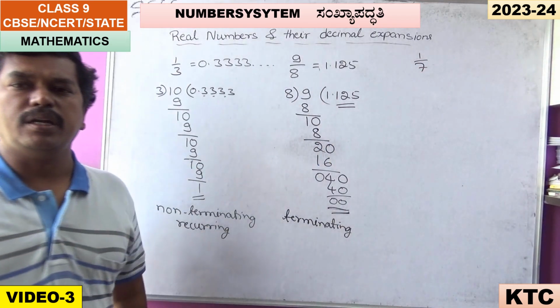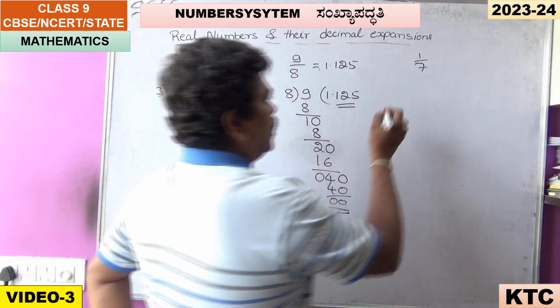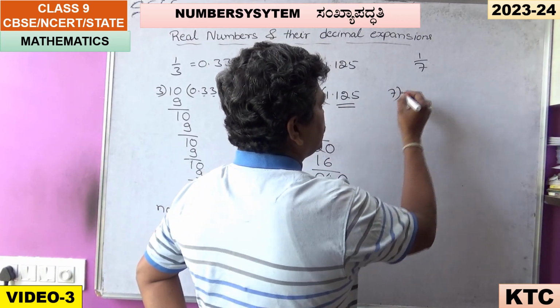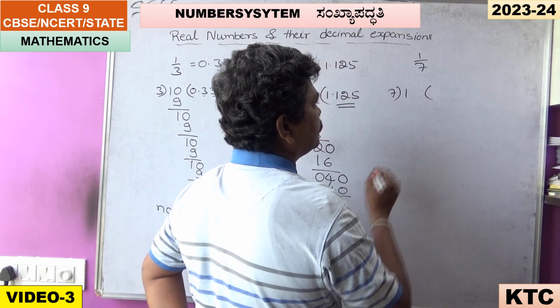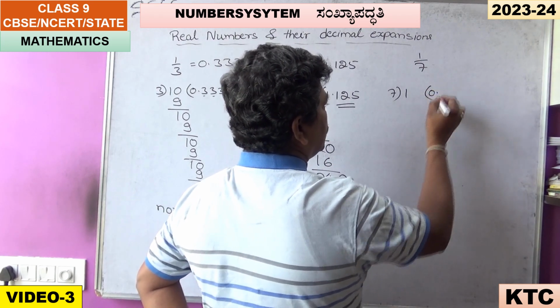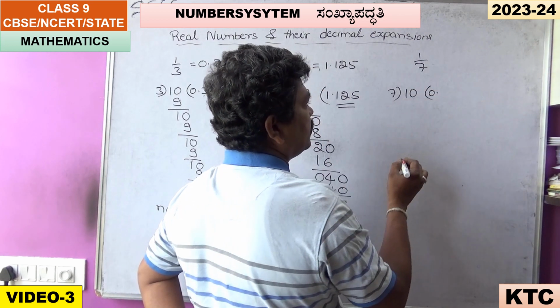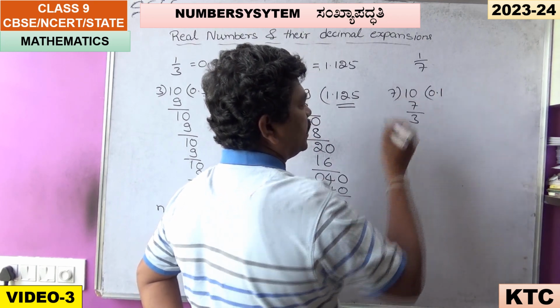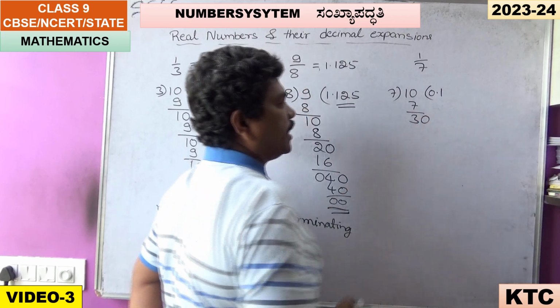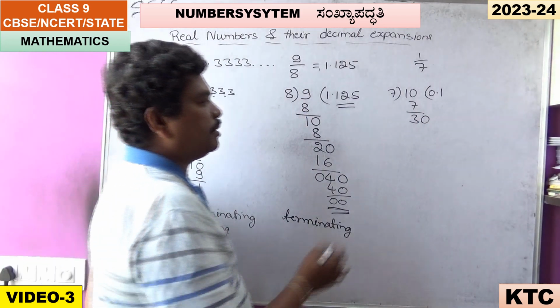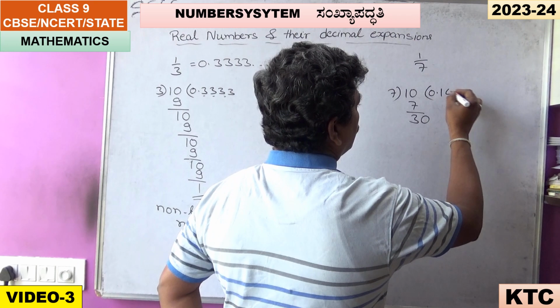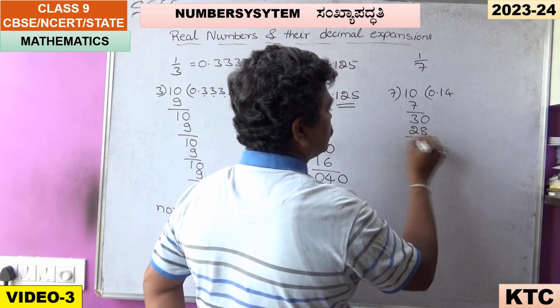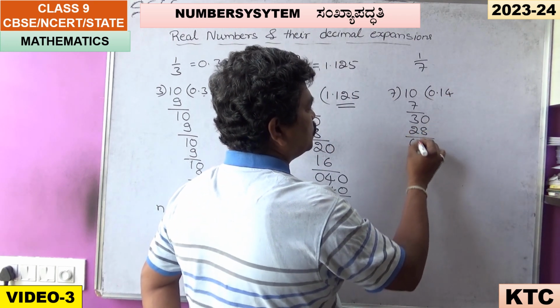If you divide 1 by 7, how can you get the decimal expansion? You observe here, 7: you put a 0 here, then a point, and then a 0 here. 7 ones are 7, so that becomes 3. Again you put a 0. 7 4s are 28, so you get 2.